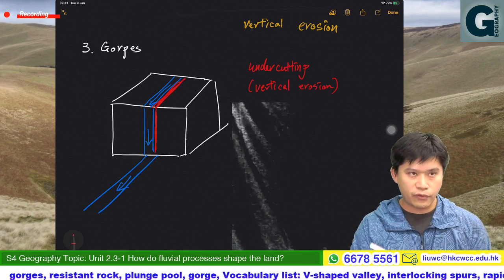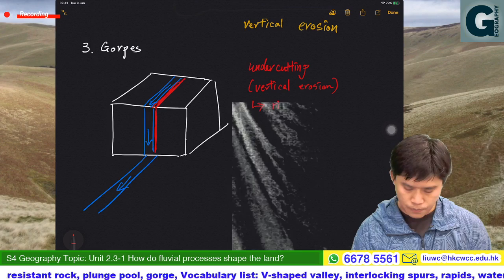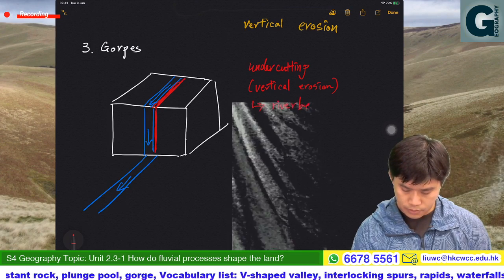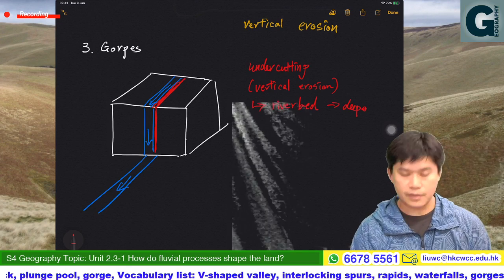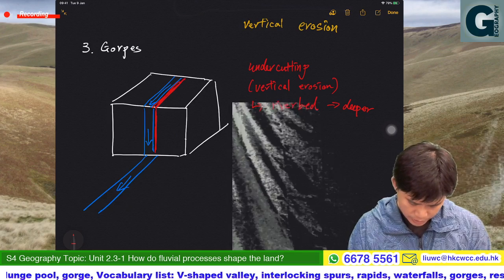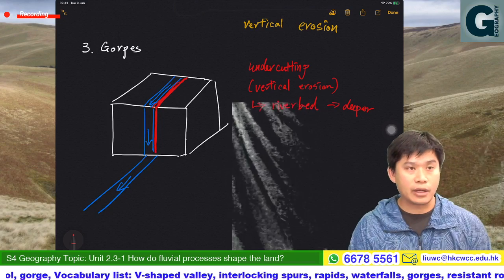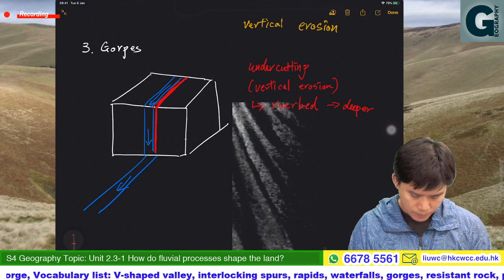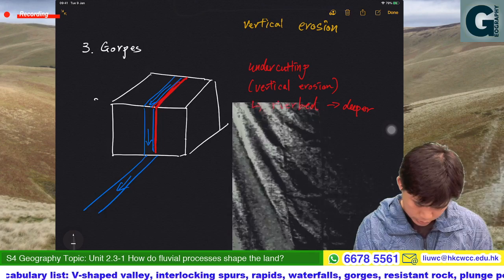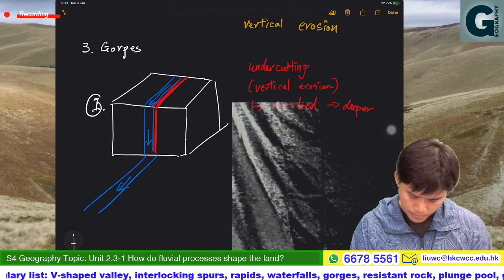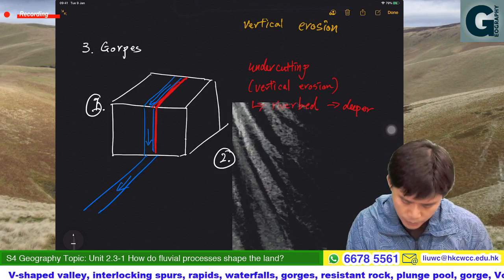So for vertical erosion, it means that the river bed will become deeper. So what does that mean? When this red area has any undercutting, it means that, process number one, and then process number two, it will become like this.